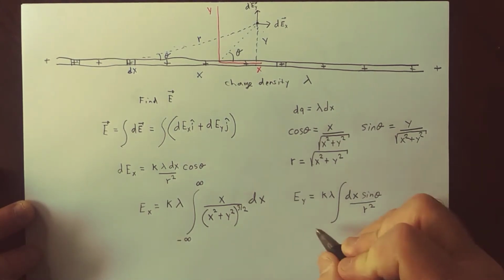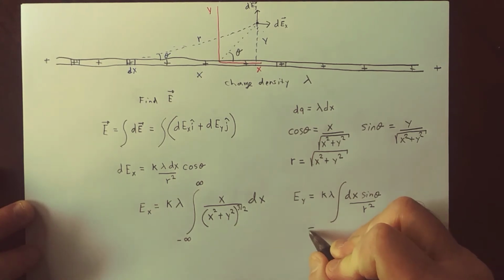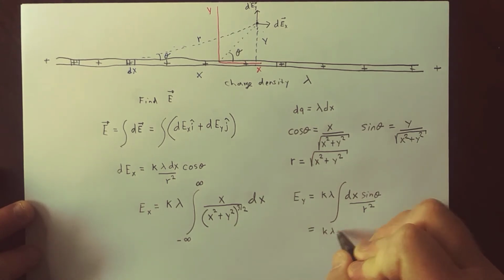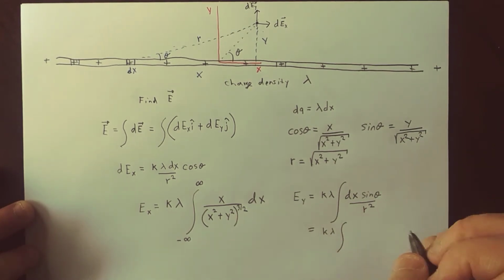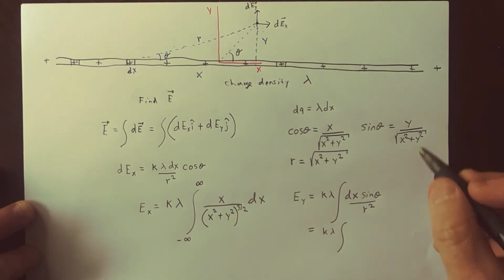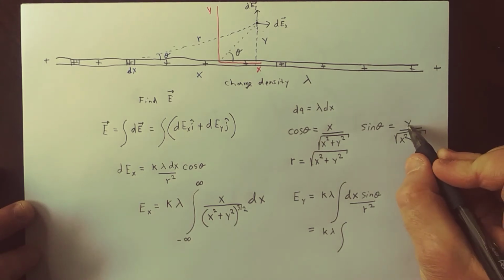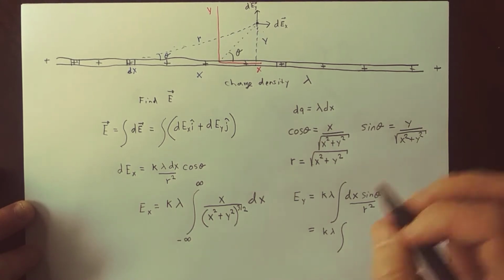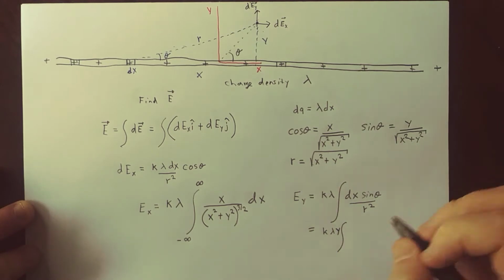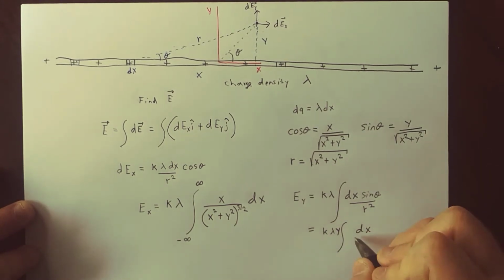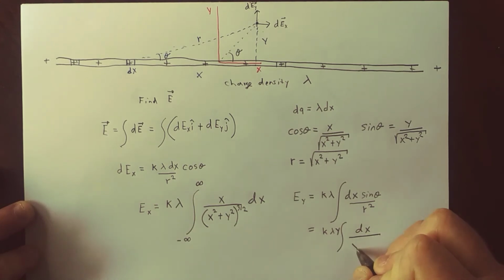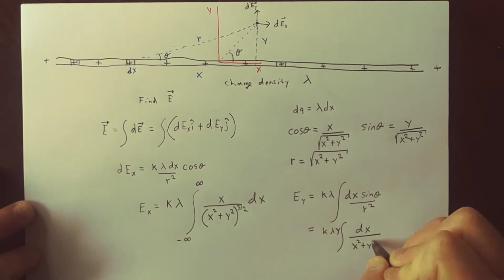And so the y component looks like k lambda times, we can actually pull the y out, and when we replace the sine of theta, we have a y that's a constant because we're integrating in x, and so we just get dx over x squared plus y squared, again to the 3/2.